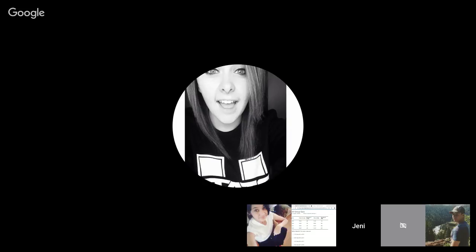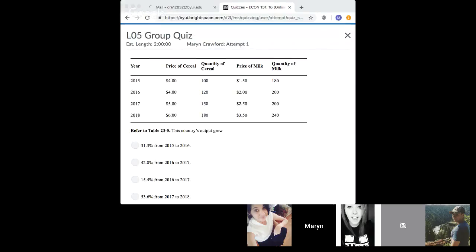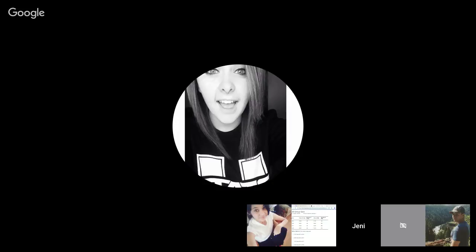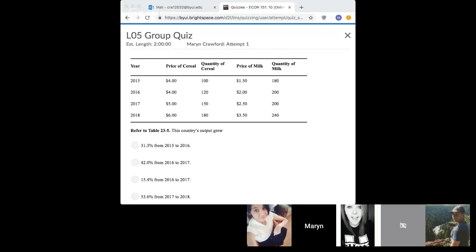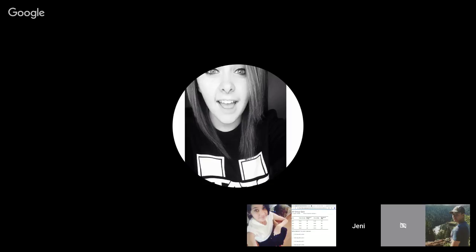So 1920 minus 1250. Those are the totals for 2017 and 2018. So then 1920 minus 1250 gets you 670, and then divide that by 1250, and you get 0.536. Multiply that by 100, you get 53.6. And the 1250 was the total from price and quantity of 2017. Uh-huh. Okay.